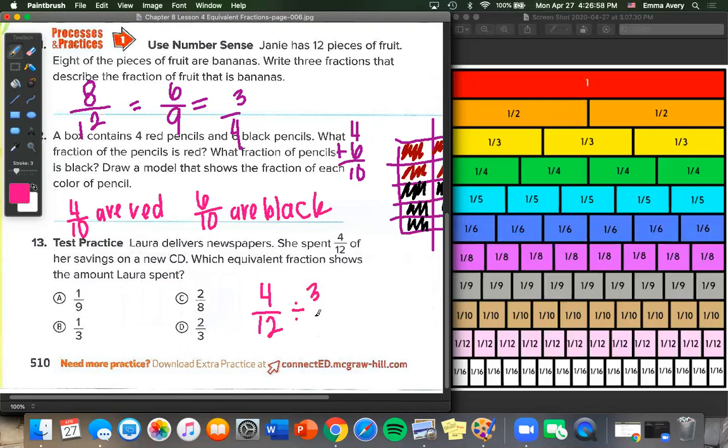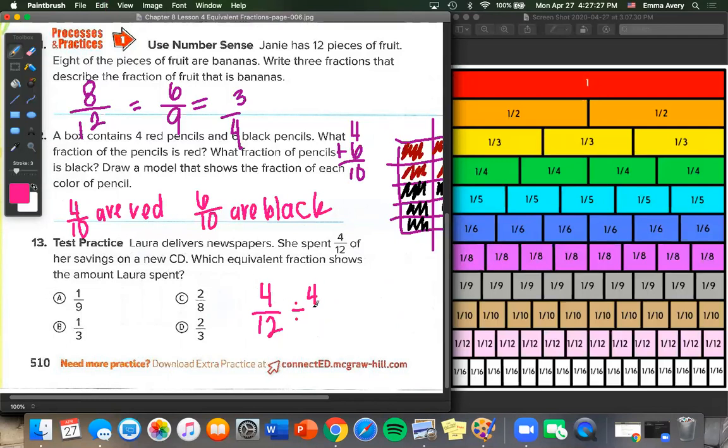So if we divide each side by 3, well, we can't do that. So we got to try something different. What if we divide each side by 2? Well, 4 divided by 2 is 2, and 12 divided by 2 is 6. That's not any of our answers. So let's try by 4.